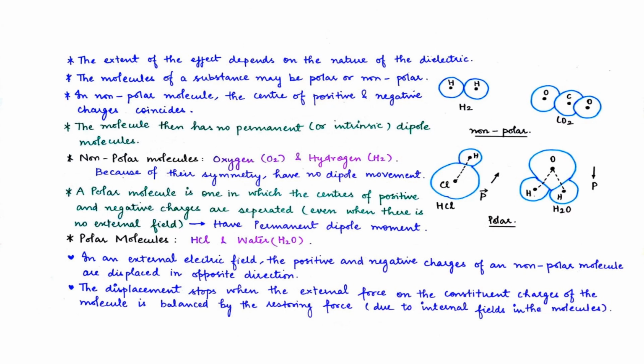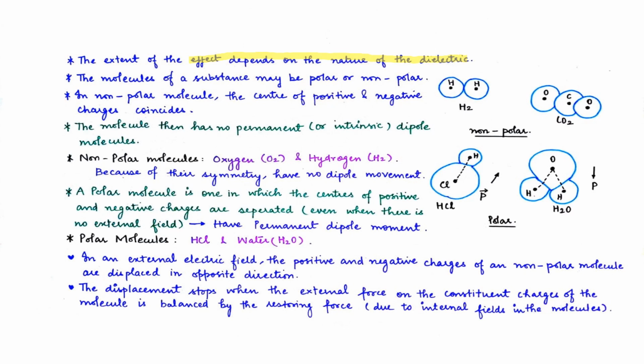Now see, the extent of the effect depends on the nature of the dielectric, how much the electric field will be reduced. It depends upon the dielectric, not on the provided electric field. The provided electric field will remain the same no matter what, but if the molecules in the dielectric have the property of getting more polarized, then they will reduce the external electric field more.